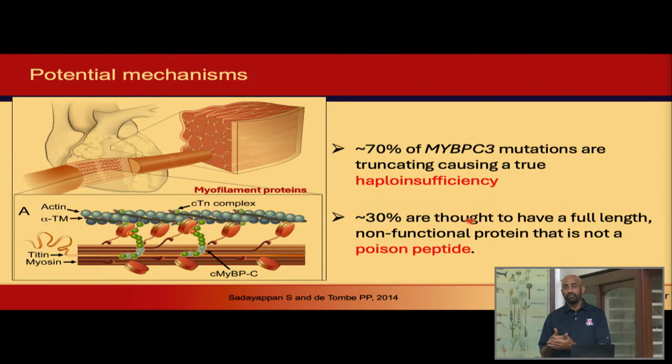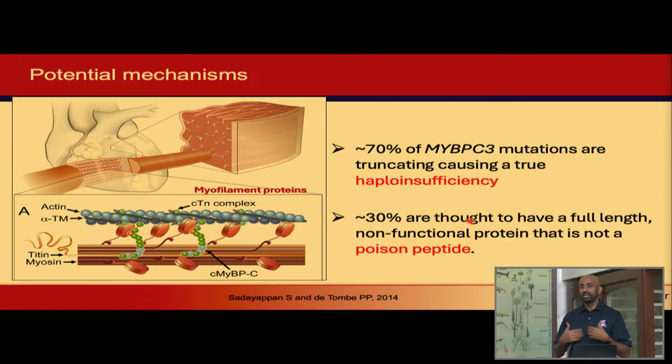But is it enough? The protein you generate from the wild type allele, is it enough to maintain normal sarcomere function? It is not. That is called haploinsufficiency. When you undergo any workload or the aging process, the one allele is not enough to give you 100% of the protein.